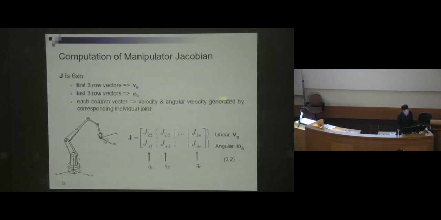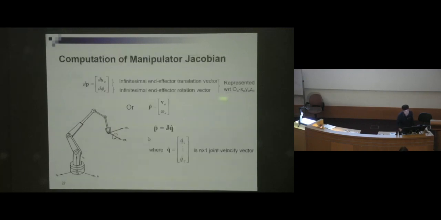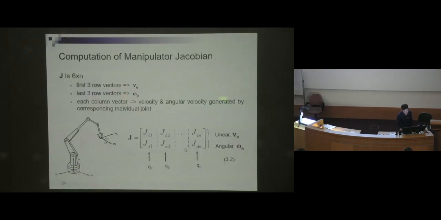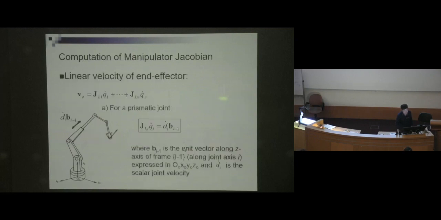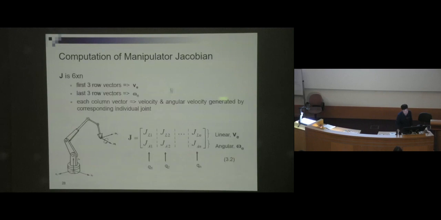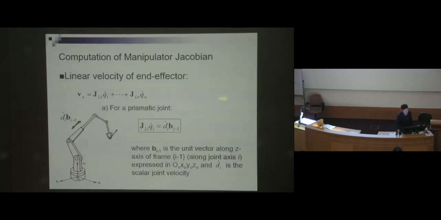Multiplying with your q dot, which is q1 dot to qn dot, J L1 is multiplied with q1 dot, plus J L2 multiplied with q2 dot, and so on. The last term will be J Ln qn dot.